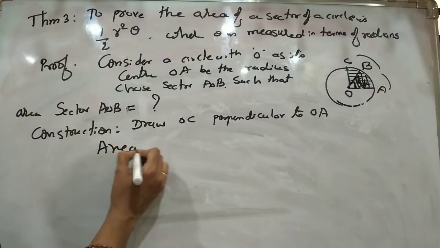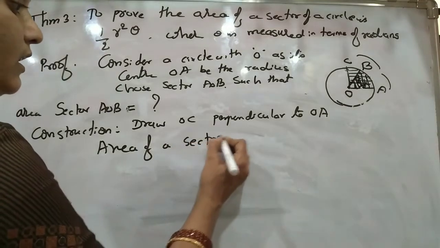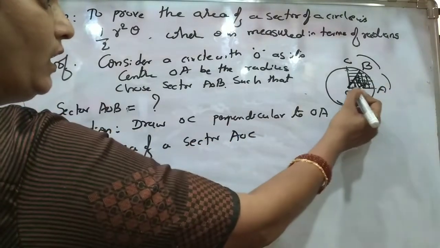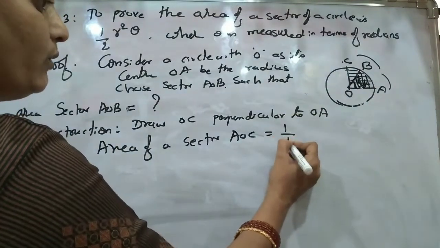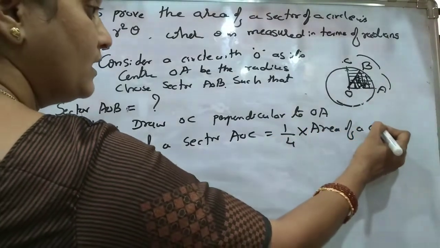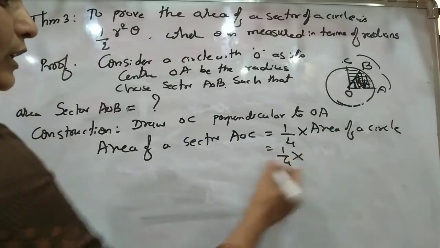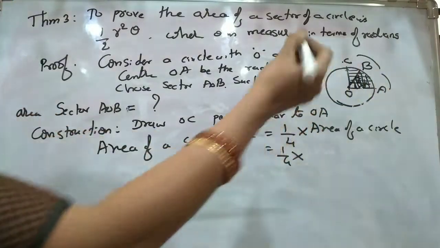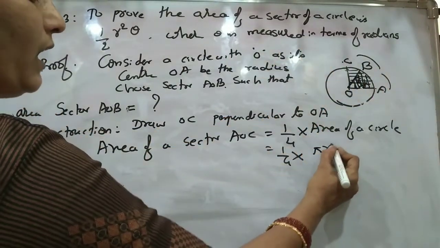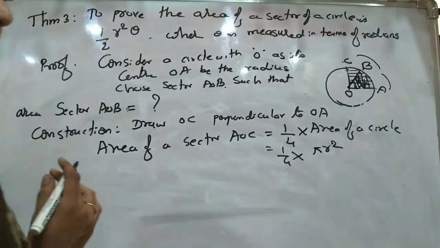Area of sector AOC is always 1/4 of the area of a circle whose radius is r. 1/4 into, what is the formula to find the area of a circle? It is pi r square. Thus, area of sector AOC is 1/4 pi r square.